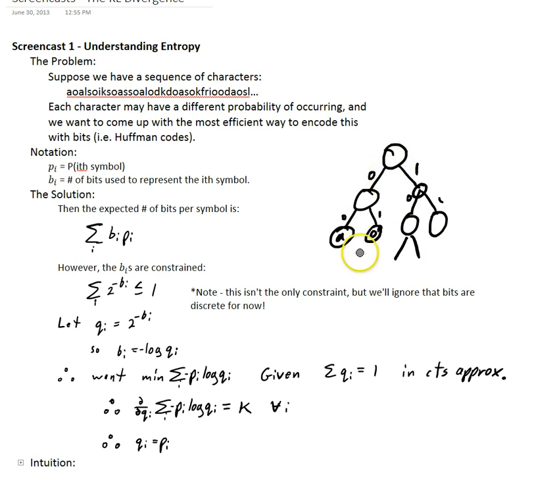And so you can see, okay, dot, dot, dot. And you can see it's the leaves here that represent actual characters, right? And the paths, like 0, 0, 0, 1, those represent the bits that are used.